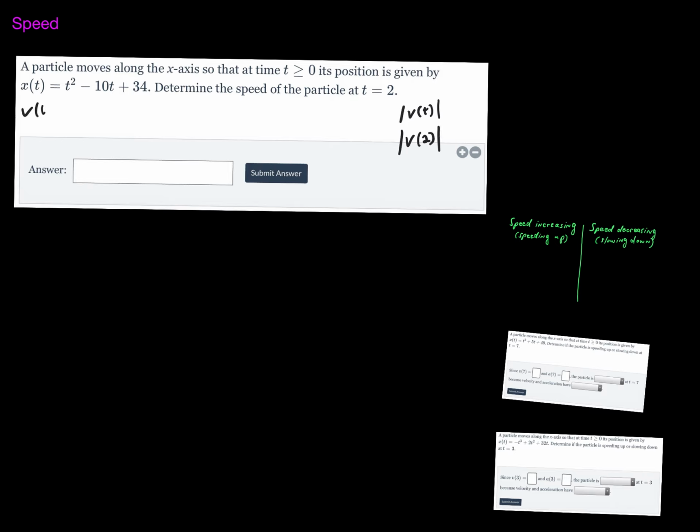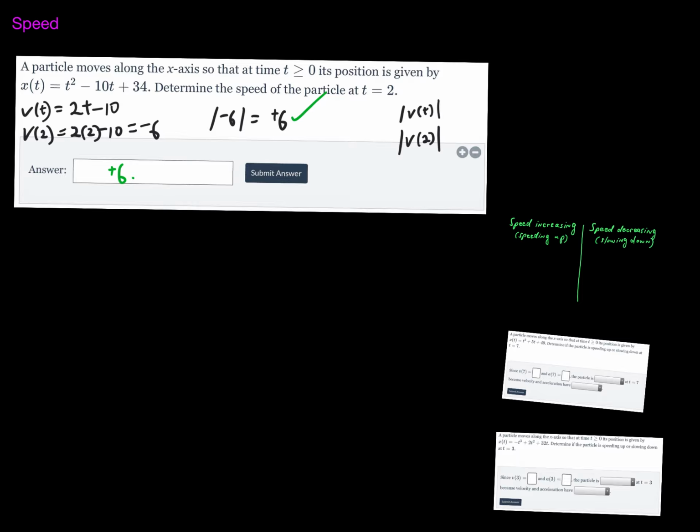The velocity function is the first derivative, and this is what we get. All we need to do is plug in time 2. That's going to be 4 minus 10, which is negative 6. So we get the absolute value of negative 6, which is a positive 6. There is your correct answer.